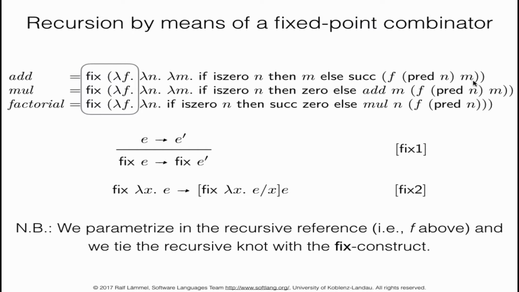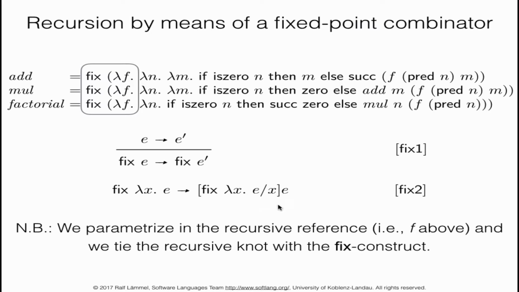So these are now just plain lambda expressions. They are all parameterized by an additional argument f here, which is basically a proxy for the self-reference. And then we apply the fixed point combinator to it. So the idea is that the fixed point of a lambda abstraction is basically that we apply the body of the lambda abstraction and we replace the argument of the lambda abstraction again by the fixed point.